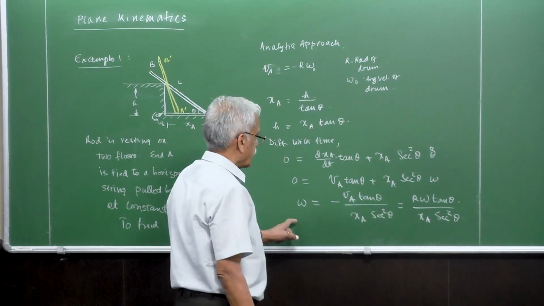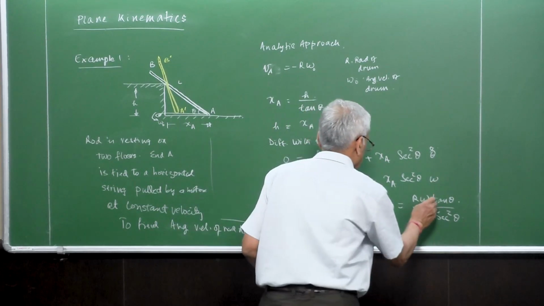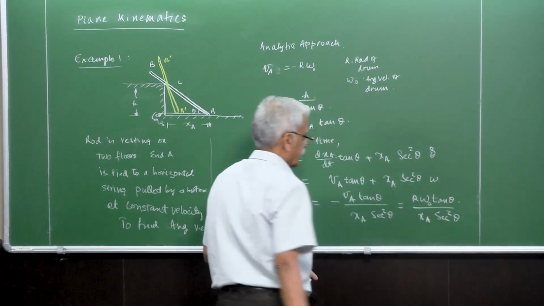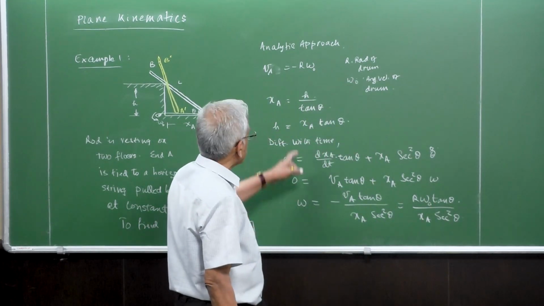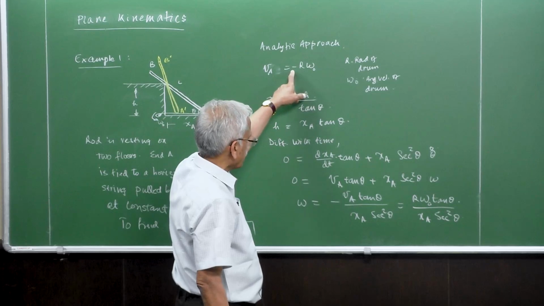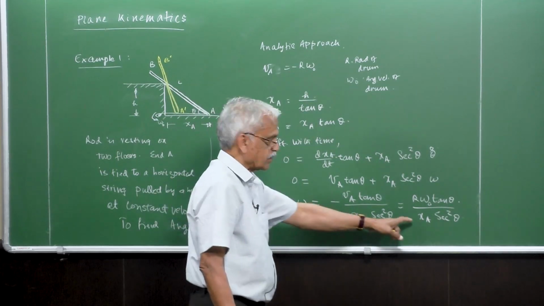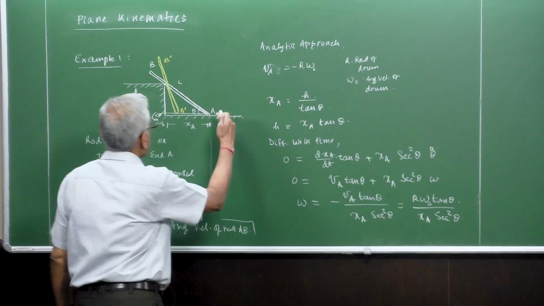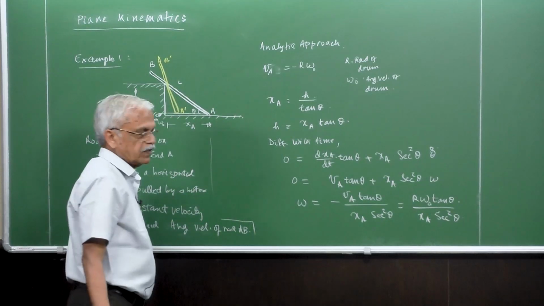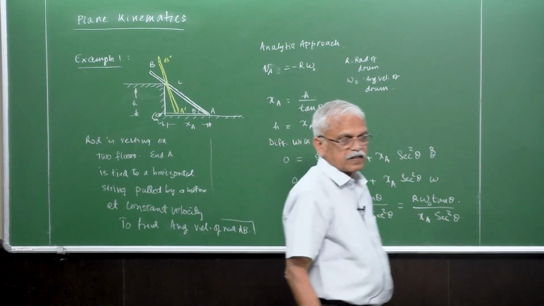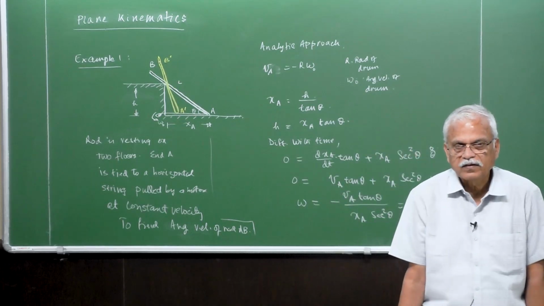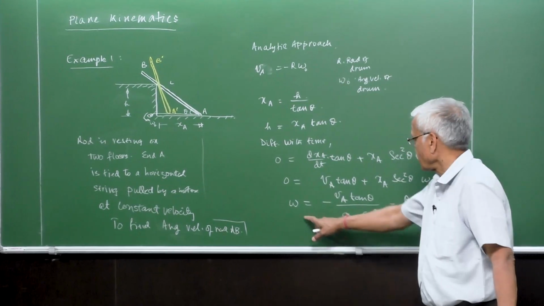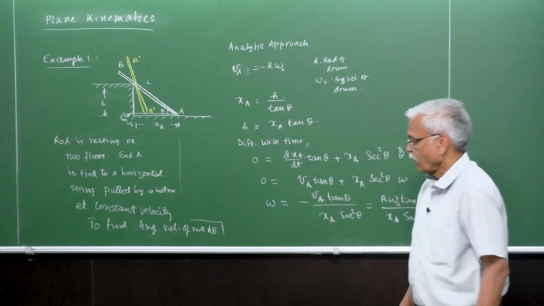I'm sorry, this is r omega naught. Interestingly, you can see that this is negative, but this angular velocity is positive, which means that as A is moving towards the left, theta is going to increase. That's why the angular velocity here turned out to be positive.